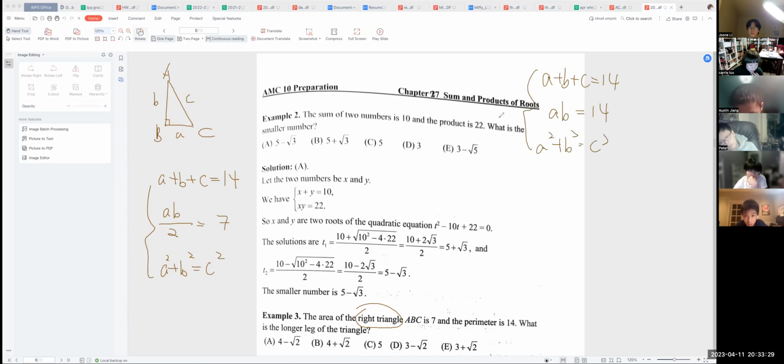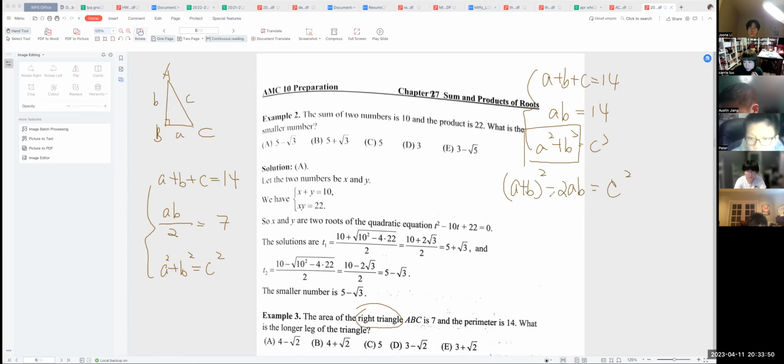That is something I want in your mind. When you see this, everybody, how do we build the relationship between these? A plus B squared minus 2AB equals C squared. Do you get what I'm doing here?